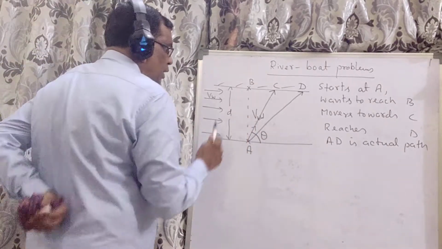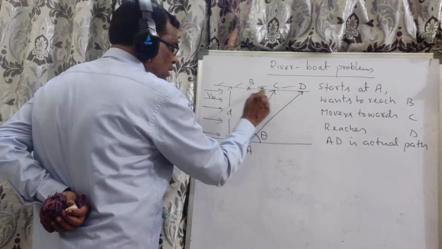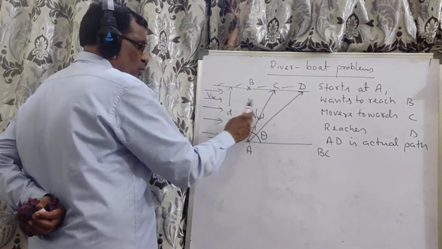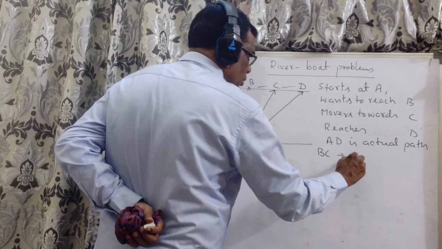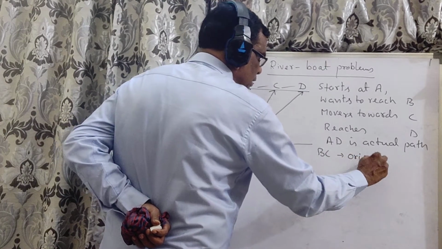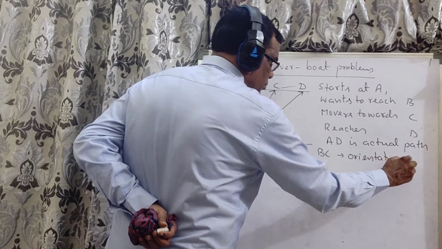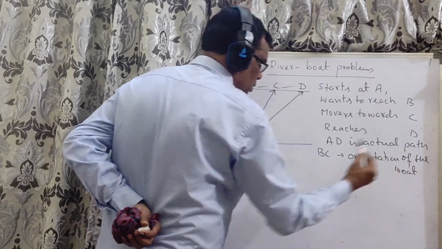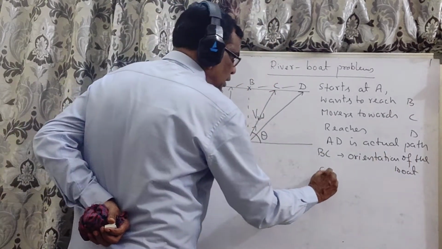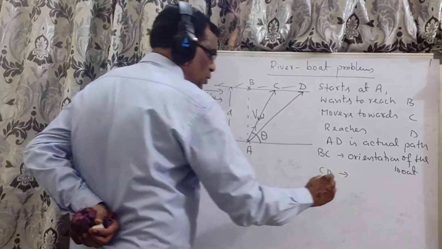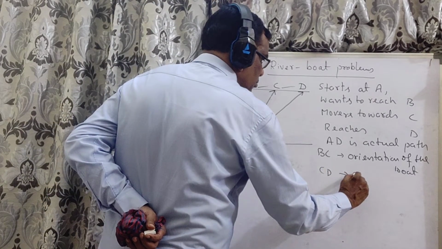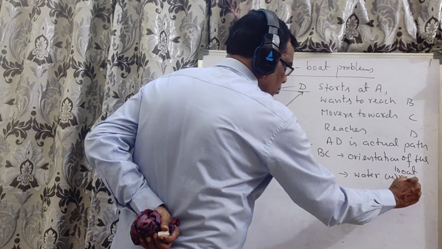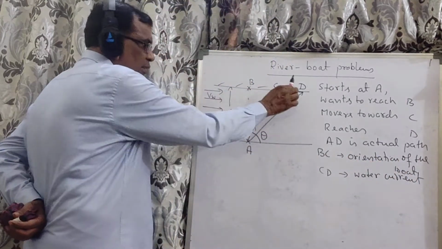Now he is going. Why is this BC due to? BC is due to orientation of the boat. CD is due to water current.